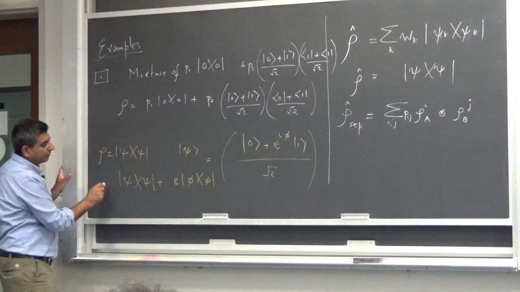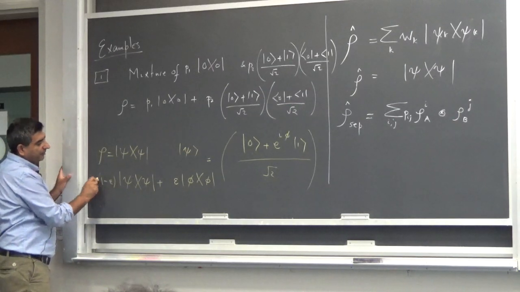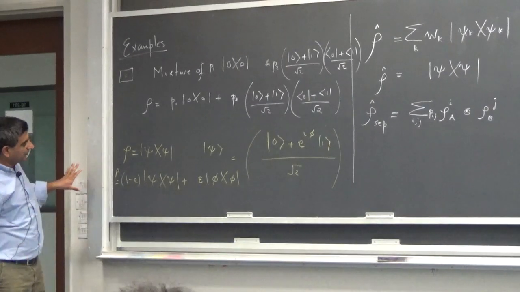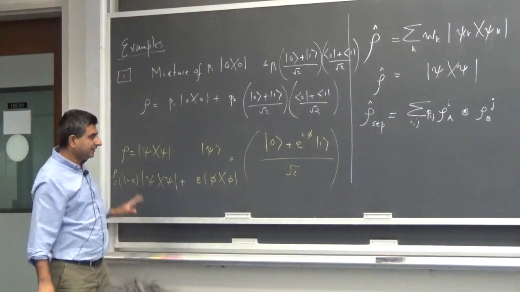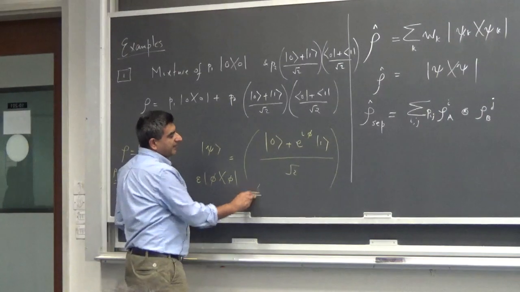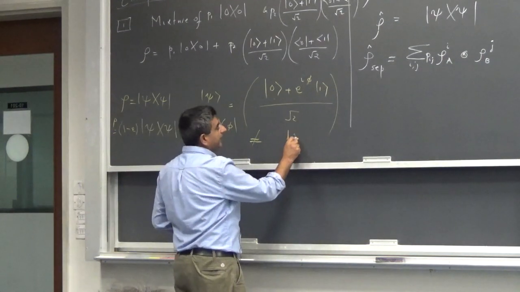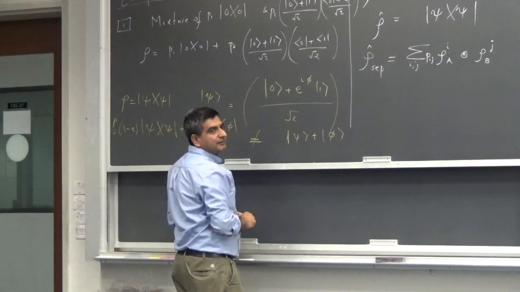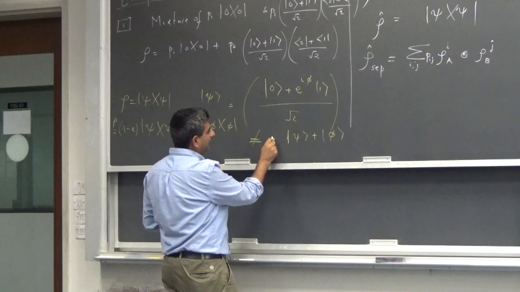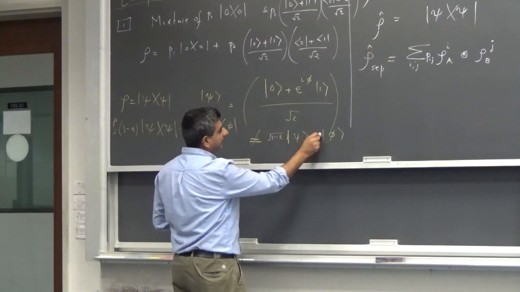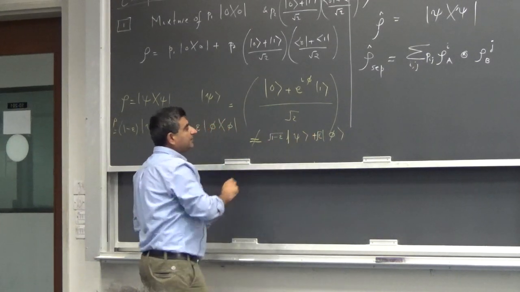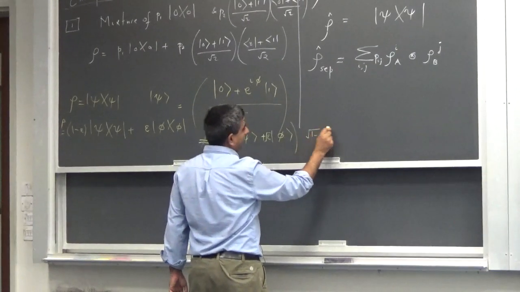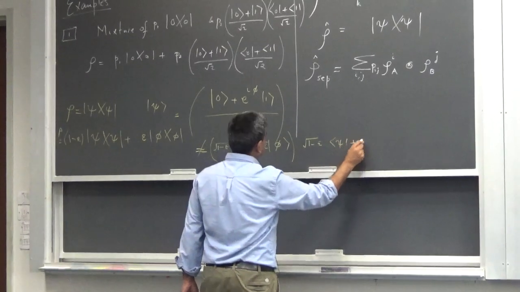So I can have some epsilon here, some 1 minus epsilon here, where epsilon is less than 1, and I need this because I want the trace to be 1. So this is a mixed state. This state is not the same as psi plus phi with 1 minus epsilon, square root epsilon. This is not the same as this state.